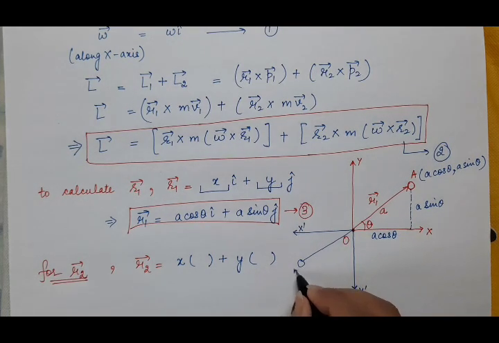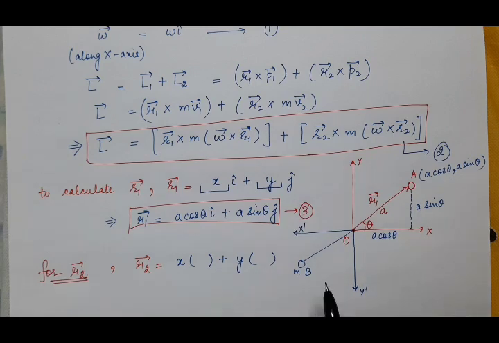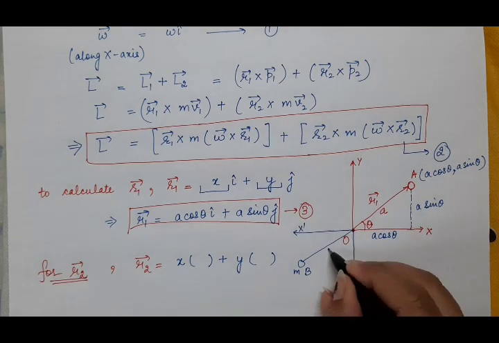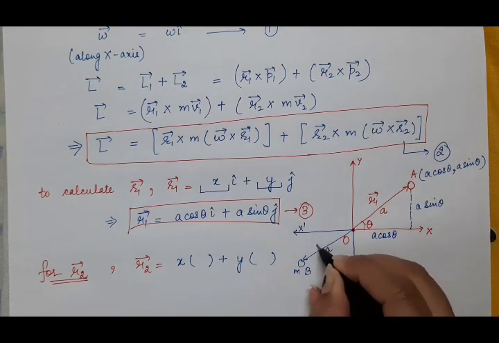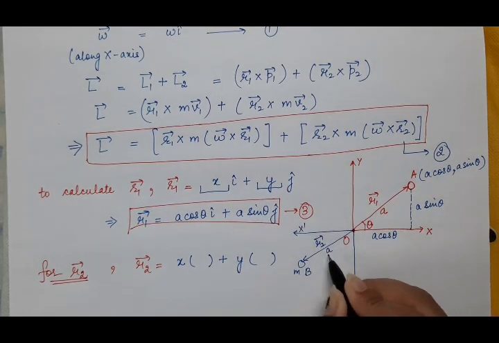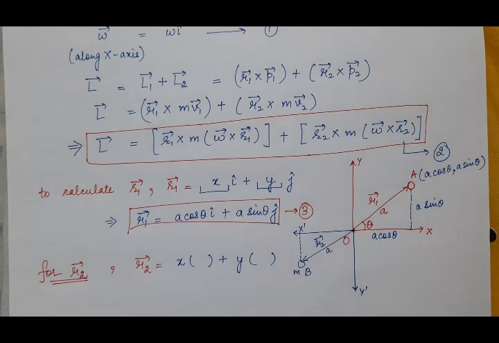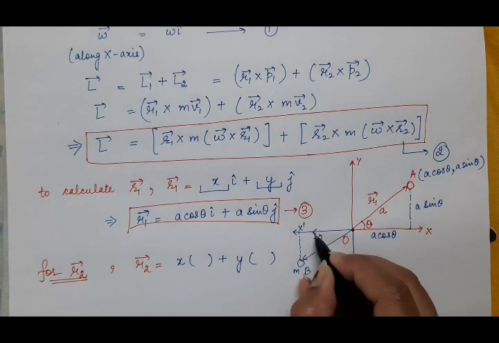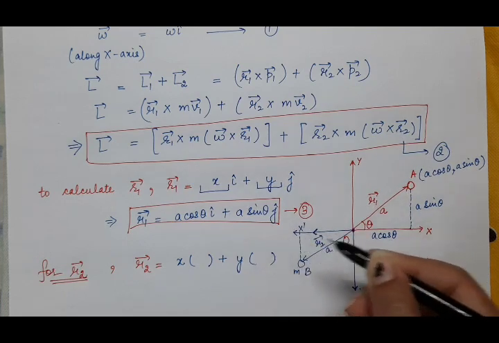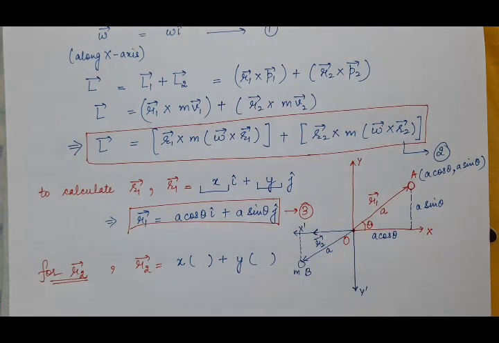This point mass m lies at point B and in the third quadrant, and in this quadrant this is position vector r2 vector. Its magnitude is a. So what will be its x component and y component? The value of its x component is along negative x-axis. And what is the unit vector along negative x-axis? It is minus i cap.